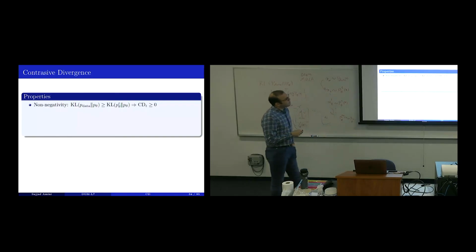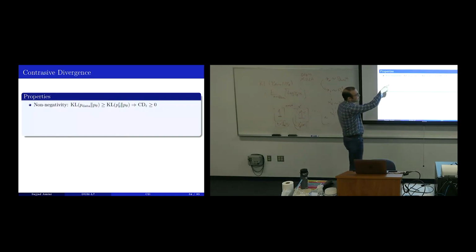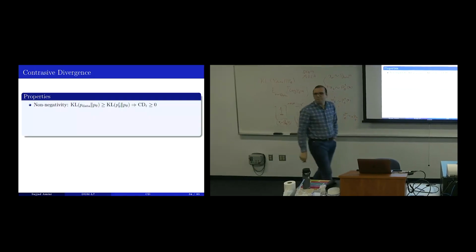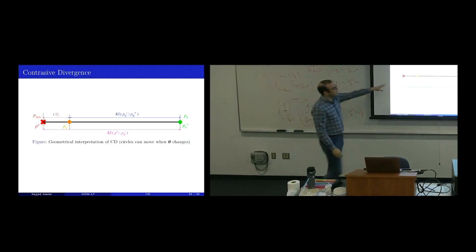Okay, the first property of CD is that CD is non-negative. Why? Because the distance between data and P theta is larger than the distance between P theta T and P theta. It is exactly what you see here.